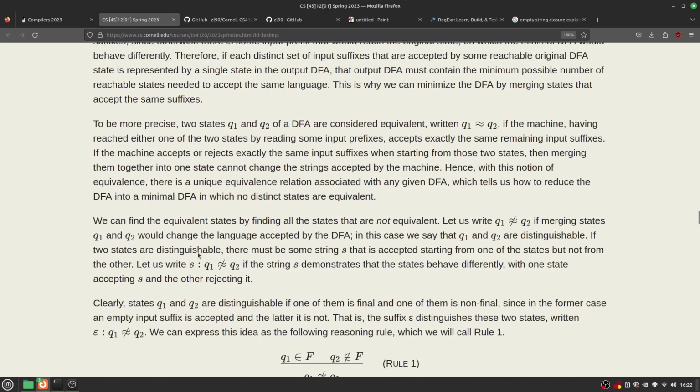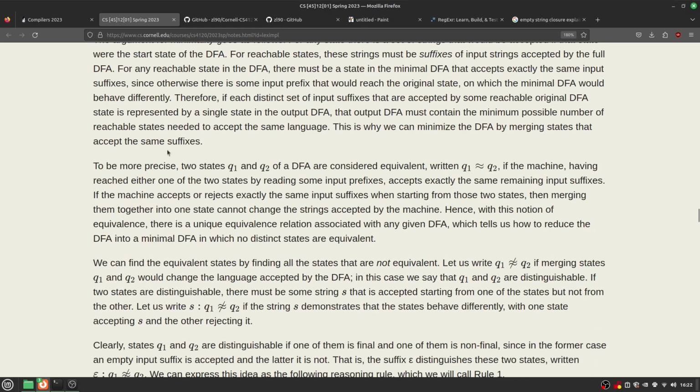What? To be more precise, two states, Q1 and Q2 of a DFA, are considered equivalent, right? When written Q1 ≈ Q2, if the machine, having reached either one of the two states by reading some input prefixes, accepts exactly the same remaining input suffixes.